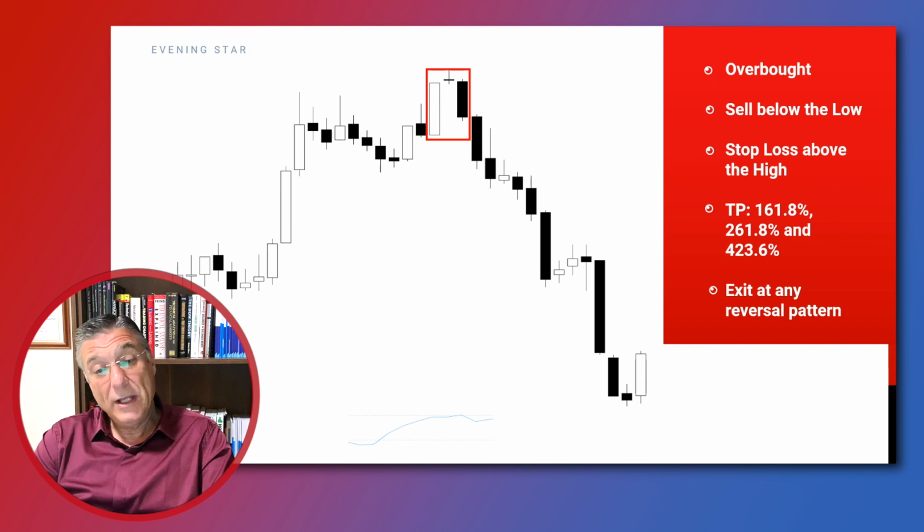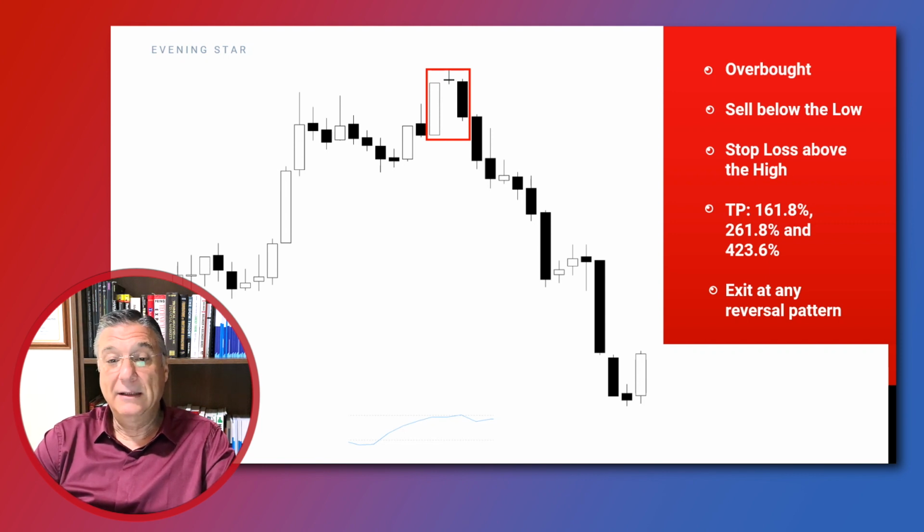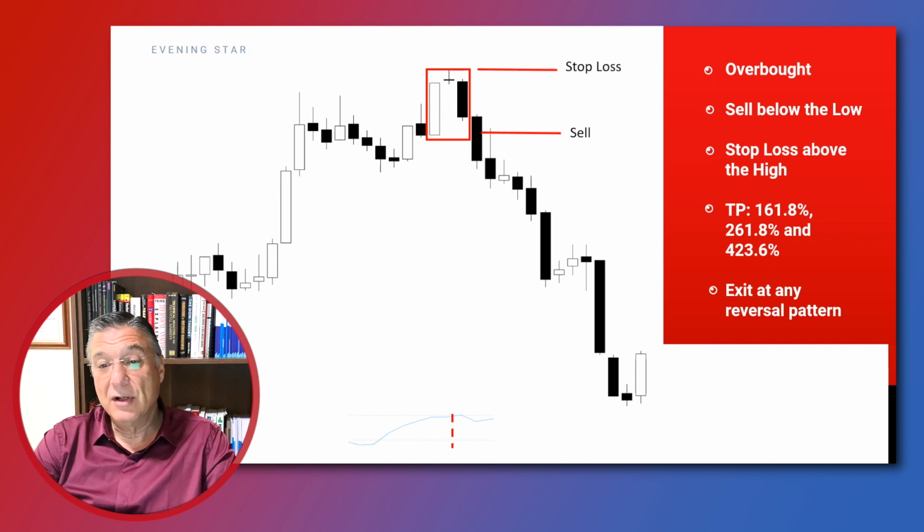So after we locate and spot the evening star, then we feel more confident, combined with the oscillator being in the overbought zone, to place a sell order right below the low price of the pattern, and then place a protective stop loss right above the high price of the pattern.